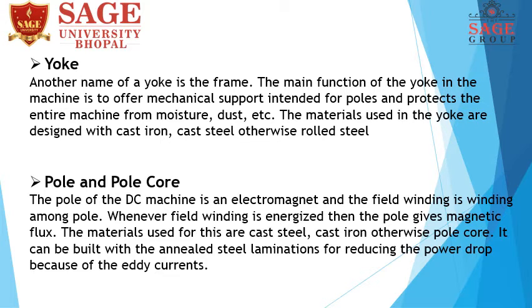If you talk about the pole, there are pole core and pole shoe. The pole core is the electromagnet of the DC machine, and the field winding is wound on the pole. When the field winding is energized, the pole gives the magnetic flux, and this pole is made up of cast steel.